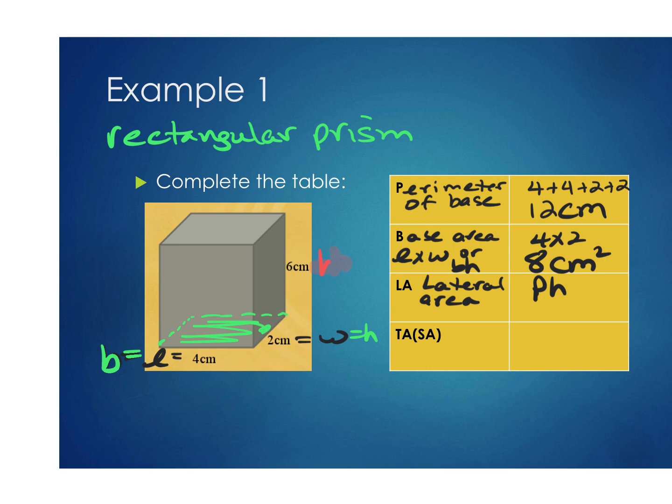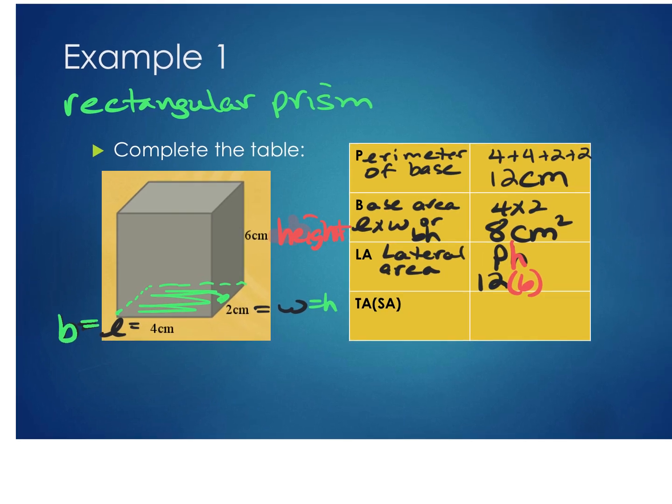So this is the height of the prism, and that's the H I'm using right here. I already calculated the perimeter back at the beginning of the box, so my perimeter was 12. The height is 6 of the whole prism. So when I multiply that, my lateral area is 72 centimeters squared.